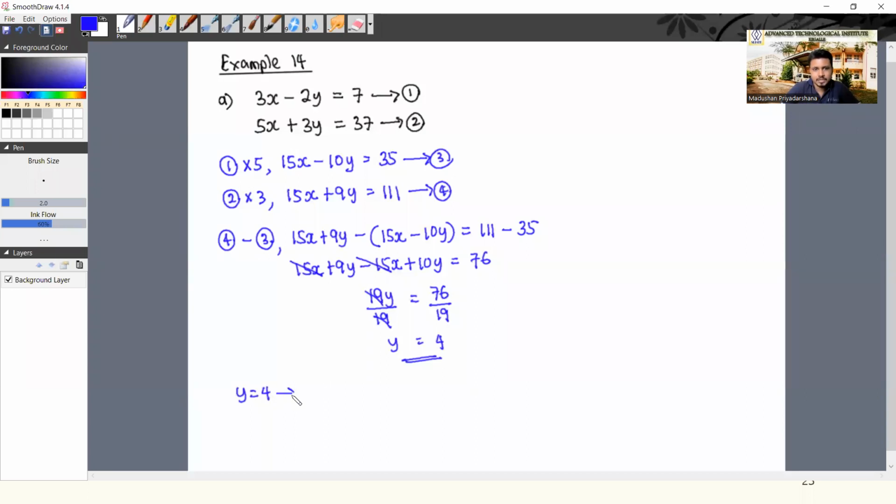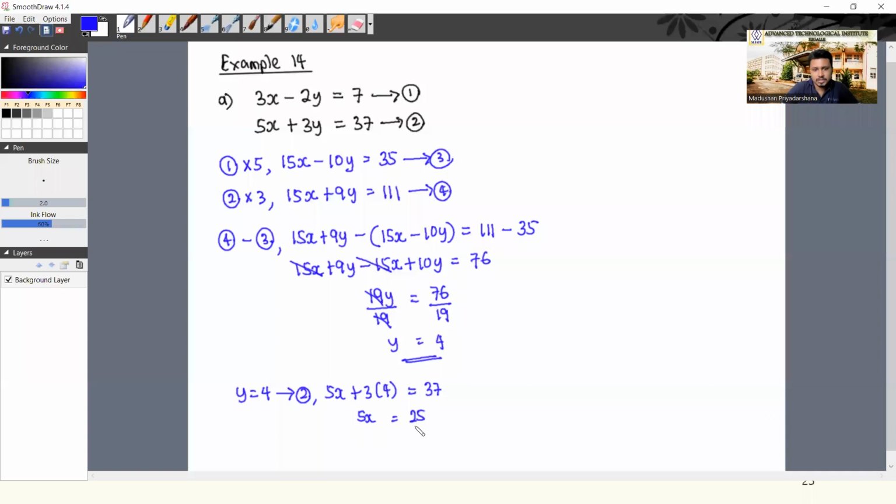That one we can substitute into one of these two equations. So let's substitute it into the second equation here. 5x plus 3y, the value of y is 4, equals 37. 5x equals, take this 12 to the other side, it will become minus 12, 37 minus 12, that is 25.